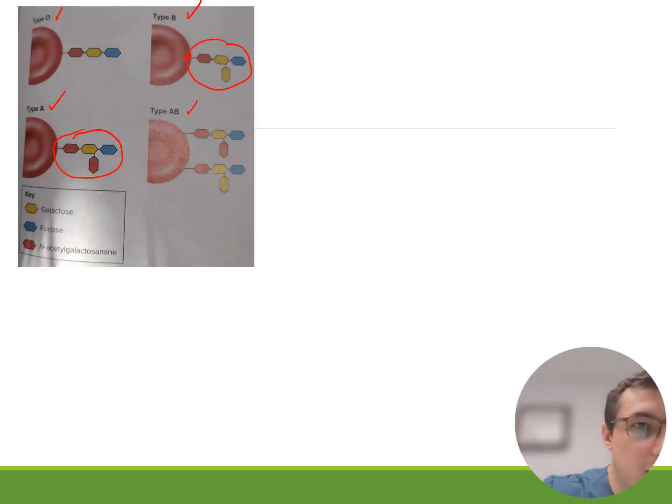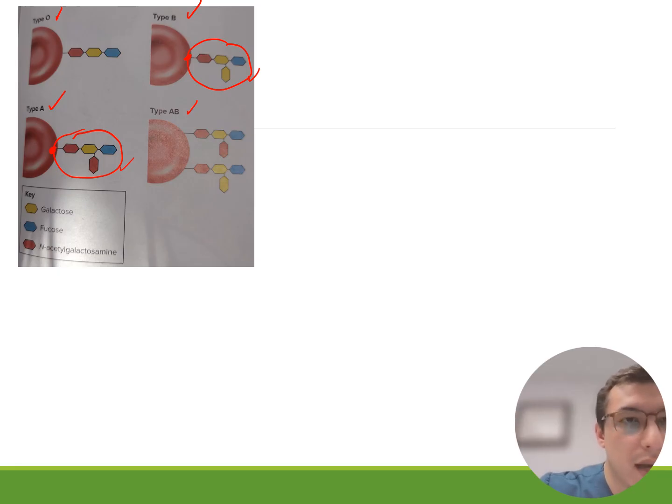The anchoring molecule within the phospholipid bilayer could be either a glycoprotein or a glycolipid, either or. Now, a blood type with type AB will have this one and this one. All right, you see how they are the same? Now, type O is not going to have either A or B.